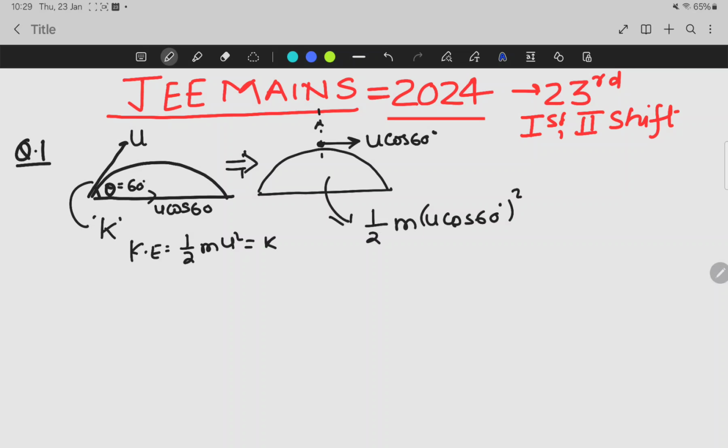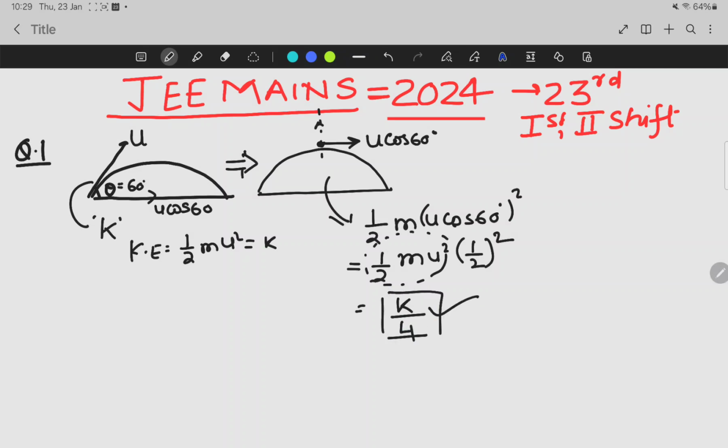So half m u square, and the cos 60 value you already know is 1/2, whole square. This whole term is K. So K, and 2 twos are 4. So the answer will be K by 4. This is question number 1.